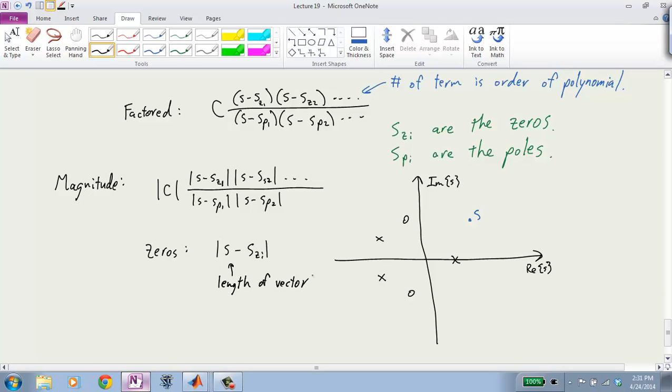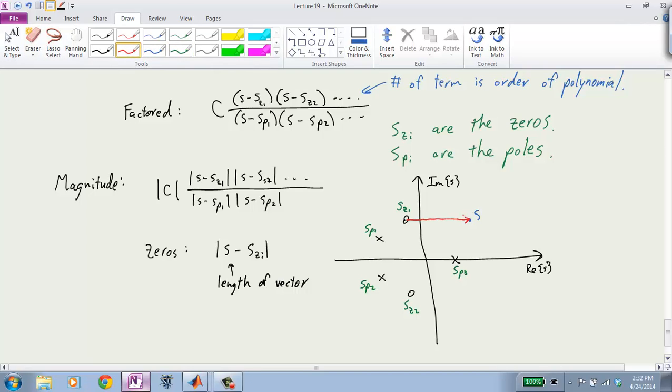So what that means is, let's say this one here was SZ1, and this one here is SZ2, and this is SP1, SP2, SP3. Okay?